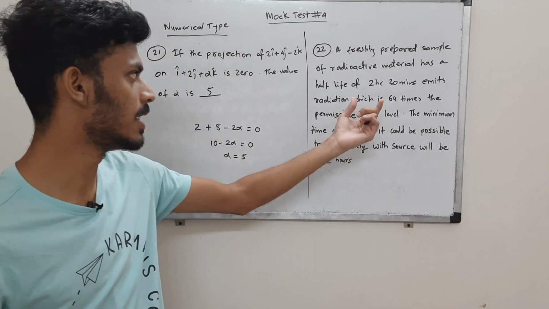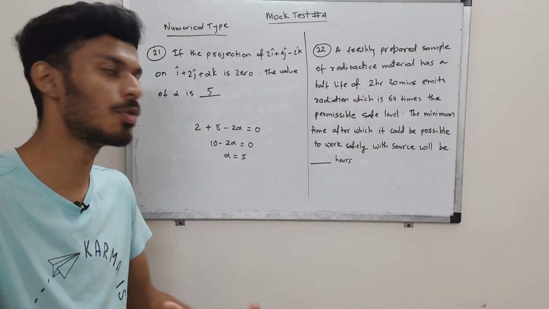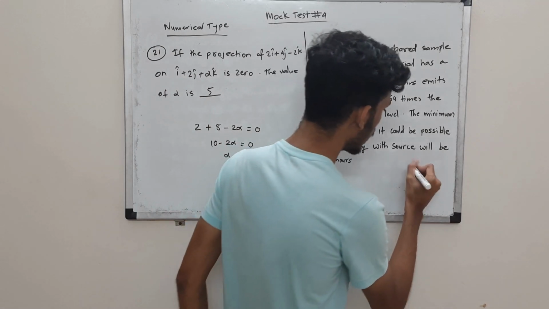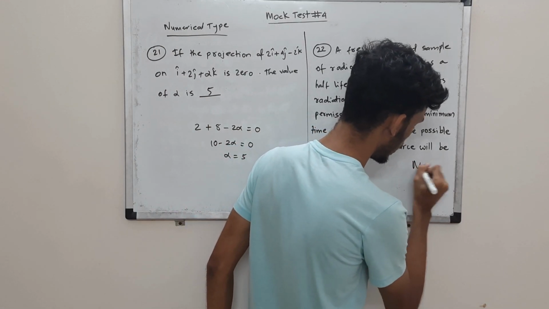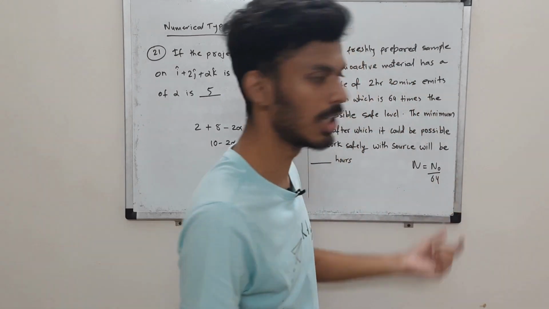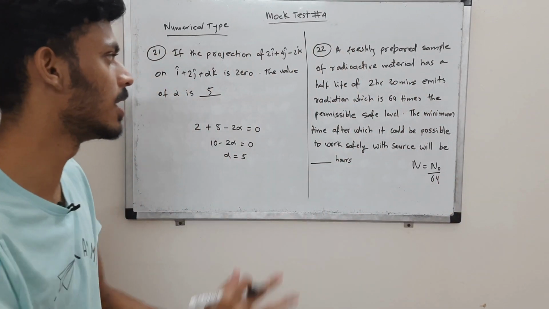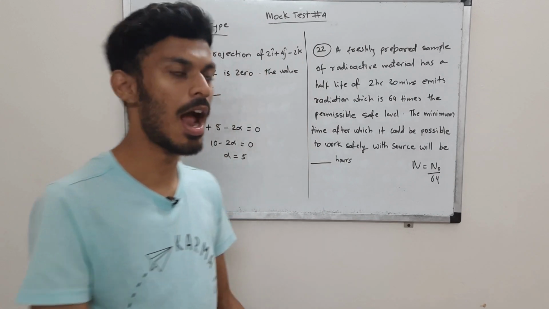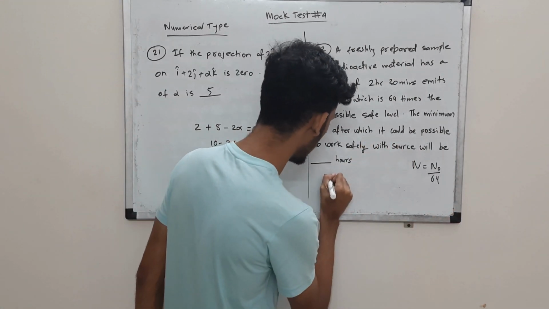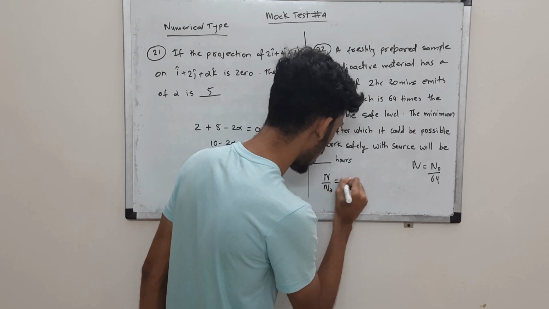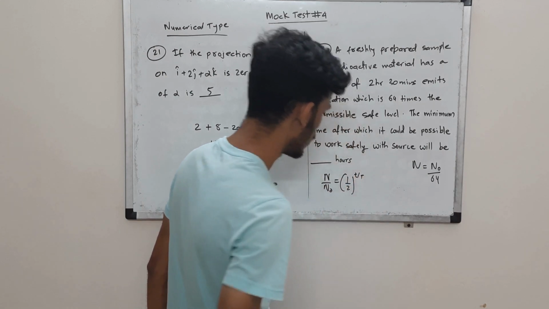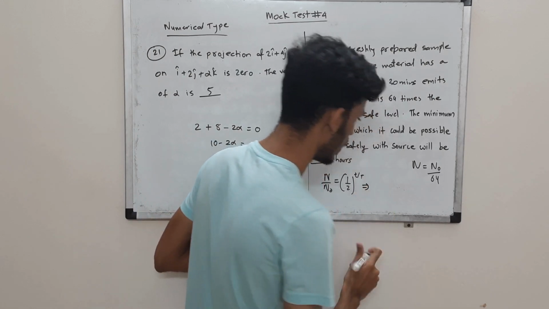Since the radiations are 64 times more than the permissible level, we'll wait till the final concentration becomes 1 upon 64 times the initial concentration. That time the intensity will reduce, and you can work safely with the source, right? So again we can use the same formula. N by N0 is half to the power T by T. Here N by N0 is nothing but N by N0.